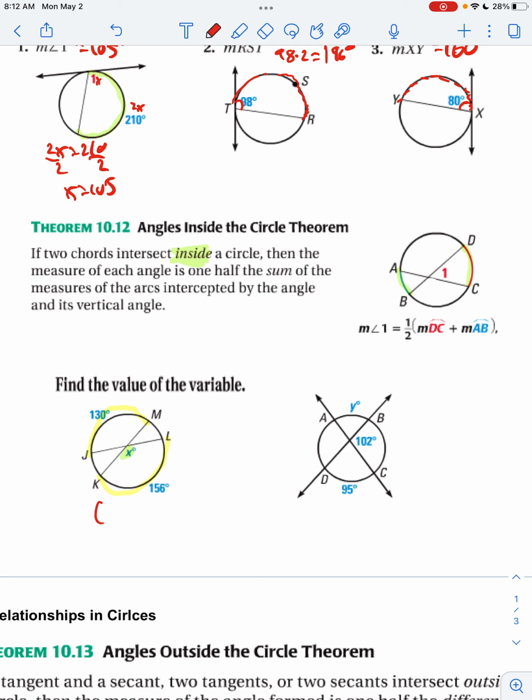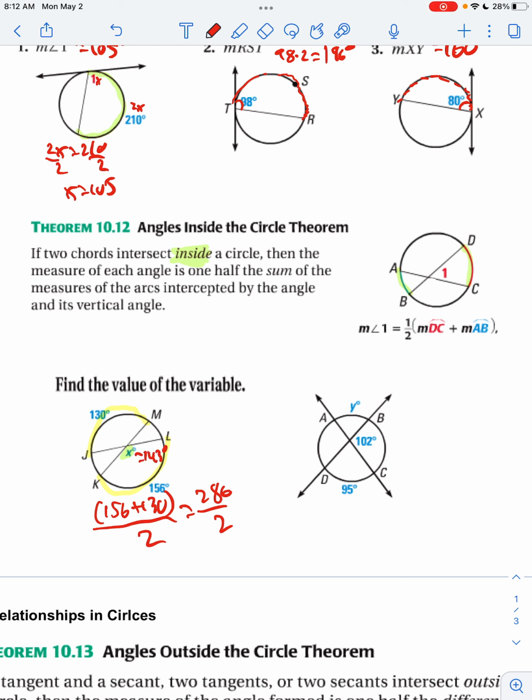So 156 plus 130 and then divide by 2. So let's get my calculator. 156 plus 130 is 286 divided by 2, which gives us X equals 143 degrees.